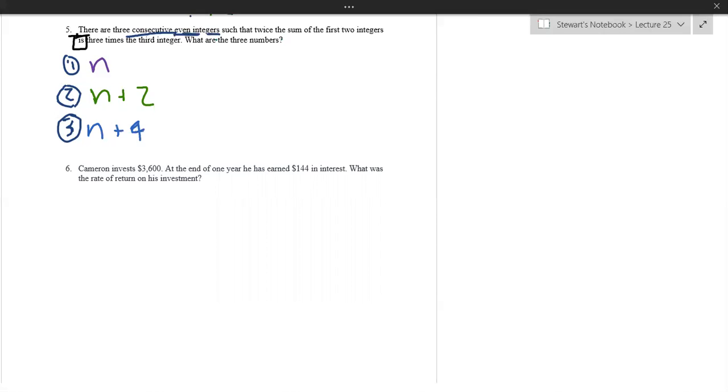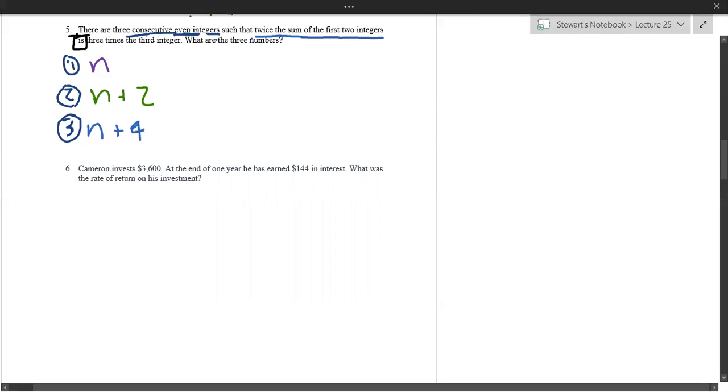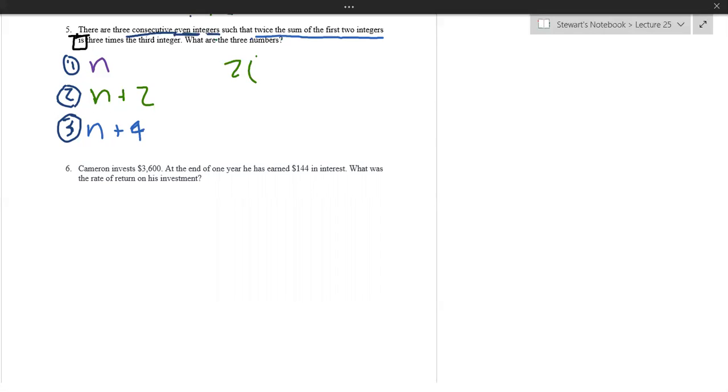Okay, so now if we think of the expression we have, such that twice the sum of the first two, which means 2 times the sum of the first two, equals 3 times the third.